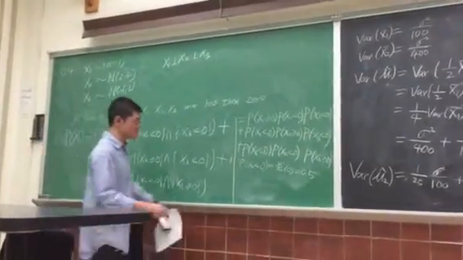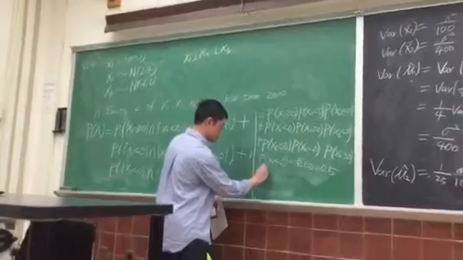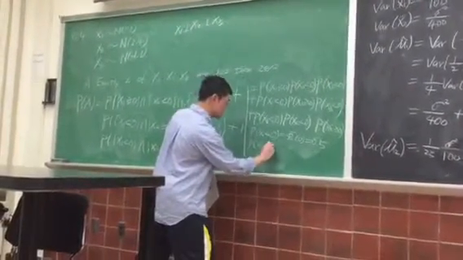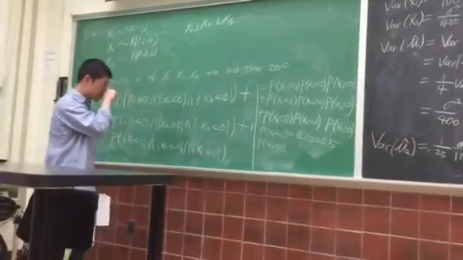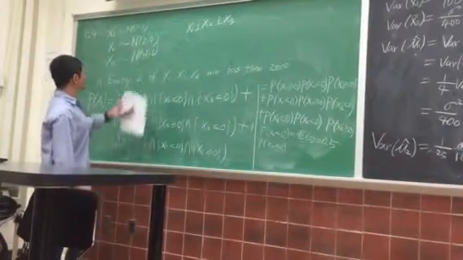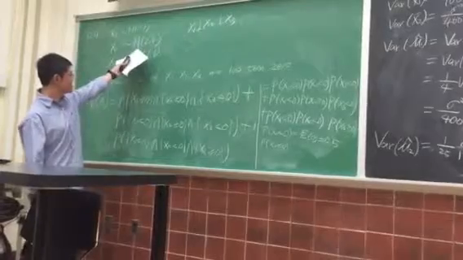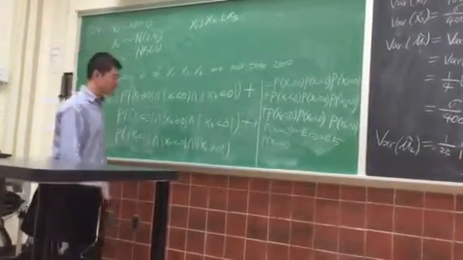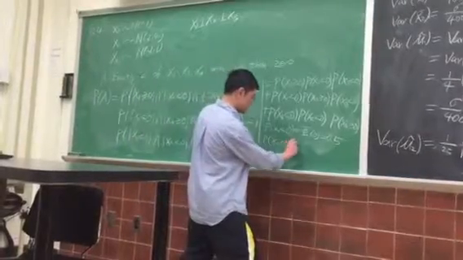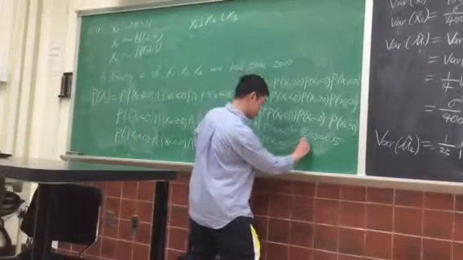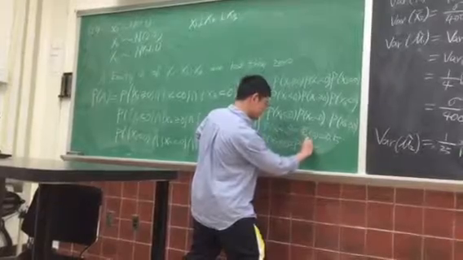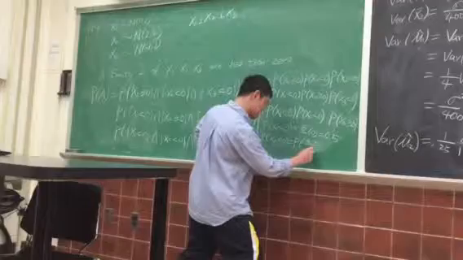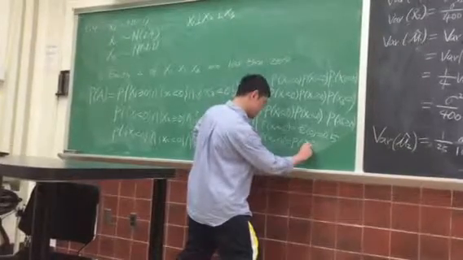And for x2 smaller than 0, x2 follows normal with mean 2 and sigma squared equal to 4. So to standardize it, this is x2 minus mean divided by the standard deviation, which is 2.